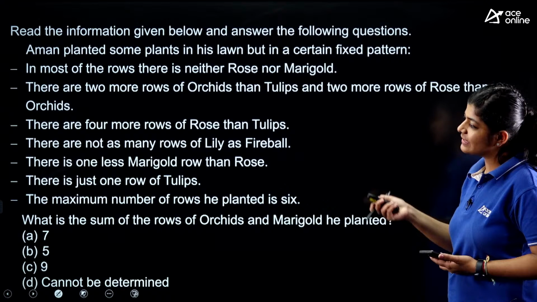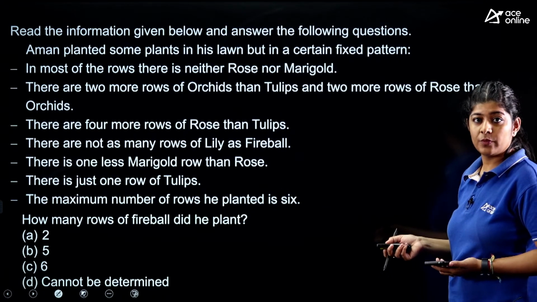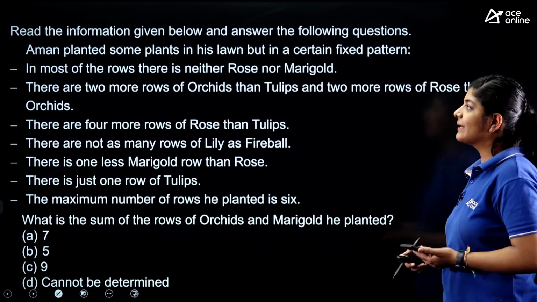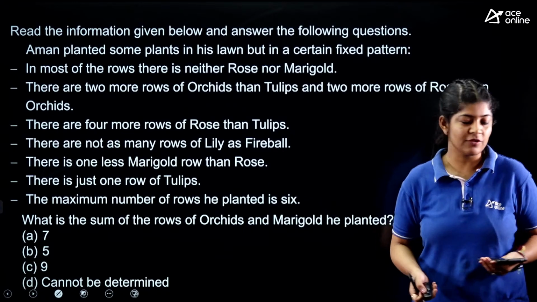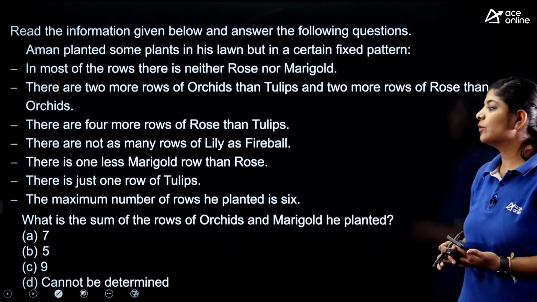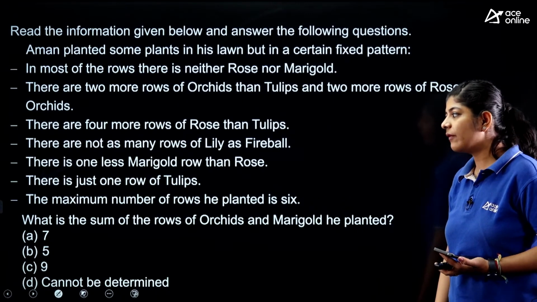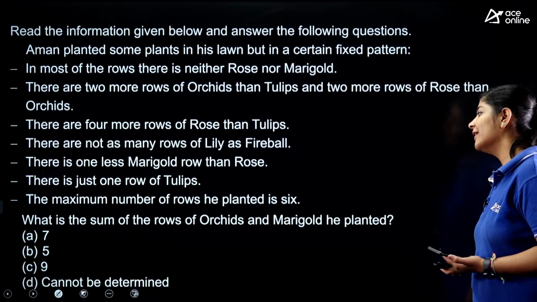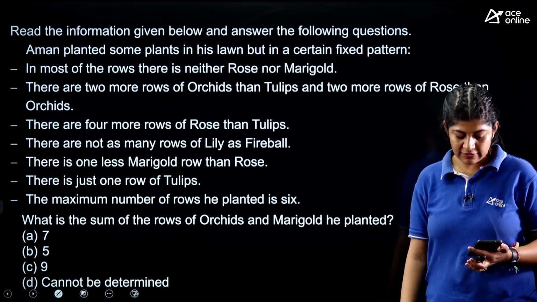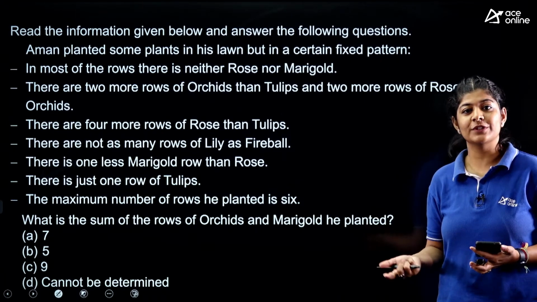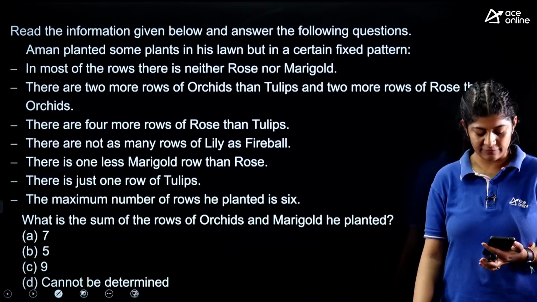Now on the basis of this data, we are having one more question over here. So what you need to do? You just simply need to understand the language of this particular puzzle and try to answer this question, which is asking what is the sum of the rows of orchids and marigold he planted? We just simply need to find out the values first and afterwards add the numbers.